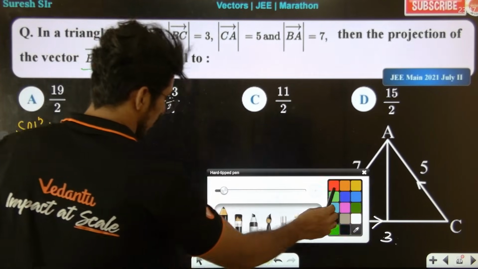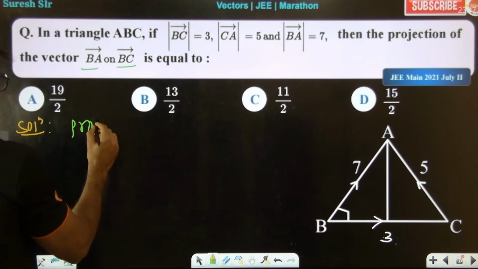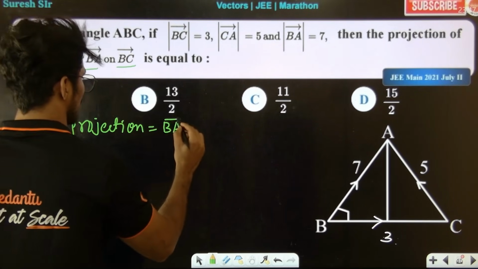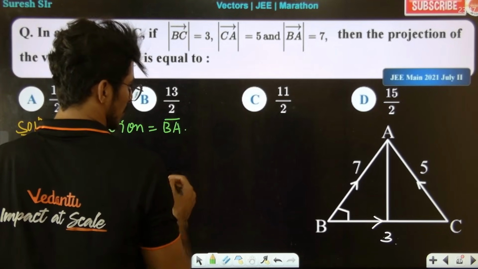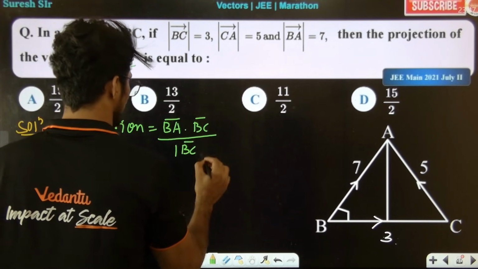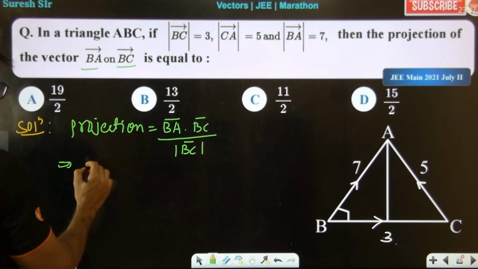Now what is the formula? The projection of BA is BA vector dot BC vector divided by magnitude of BC. So how do you write BA dot BC?